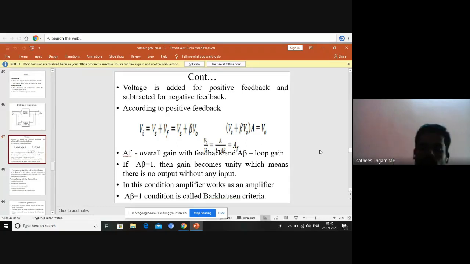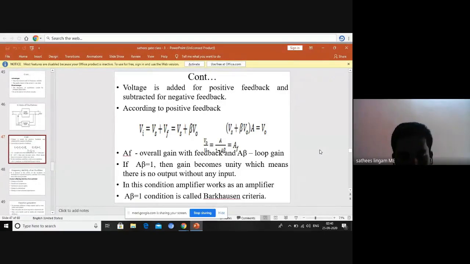A beta equal to 1 is the Barkhausen criterion, which may be asked in your examinations and competitive examinations. So what criterion do we use in our oscillators? The Barkhausen criterion, that is, A beta is equal to 1. That should be your answer.